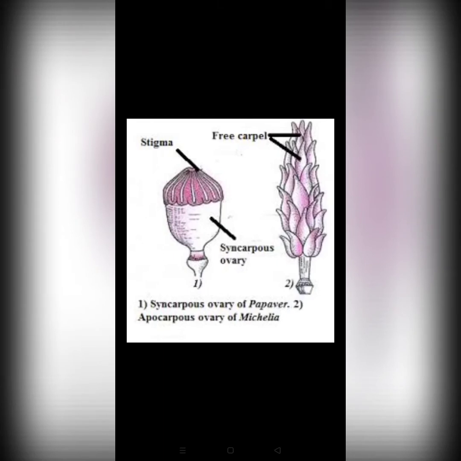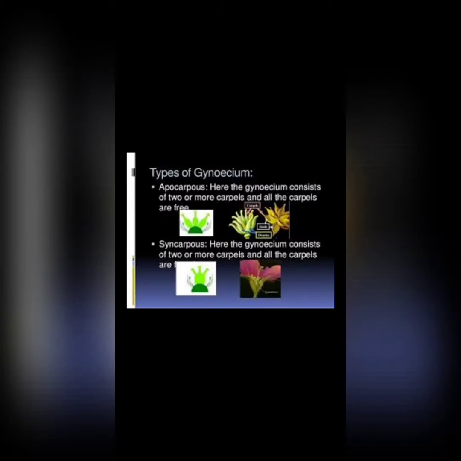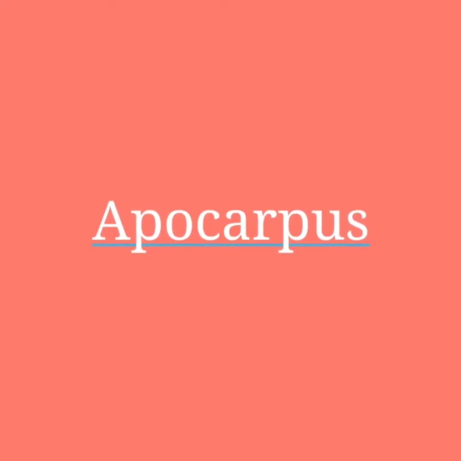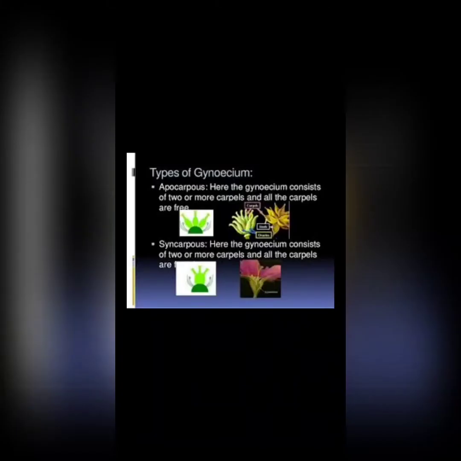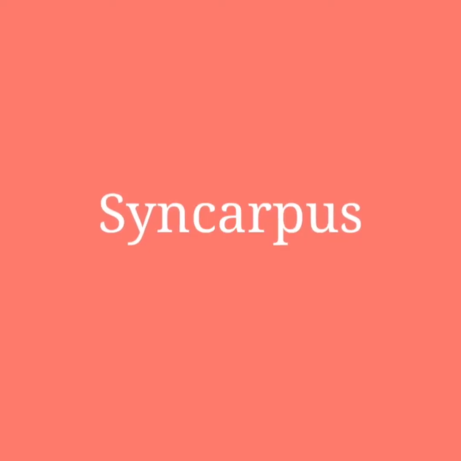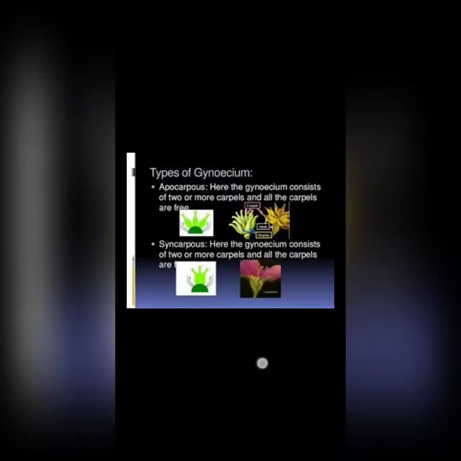Again, it is of two types, the apocarpous and syncarpous. Apocarpous means when the carpels remain free, and syncarpous means when all the carpels remain attached to each other.